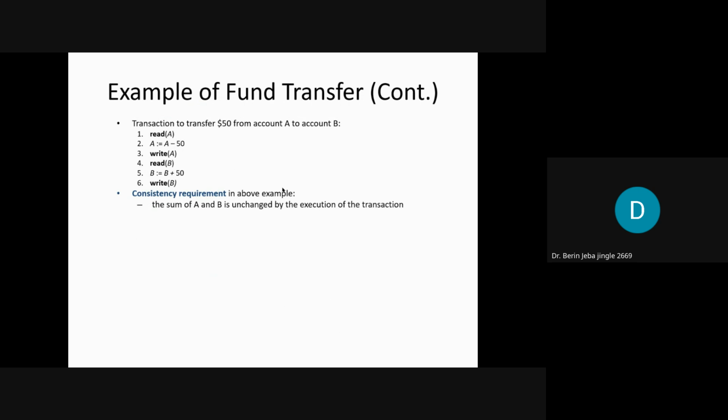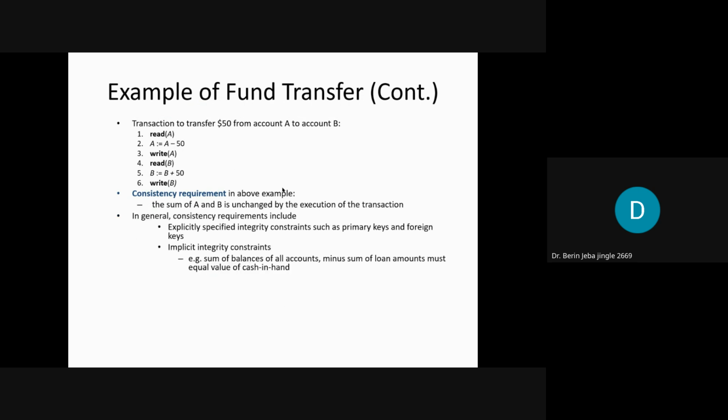The next one is consistency. For this also we have taken the same example. The sum of A and B is unchanged by the execution of the transaction; otherwise it leads to inconsistency. For consistency, it mainly requires integrity constraints.